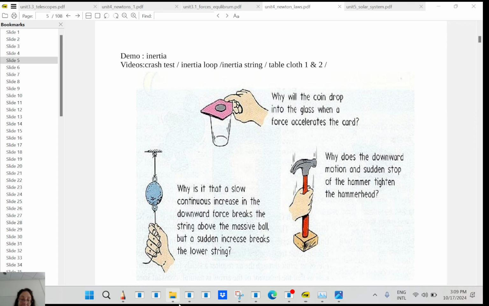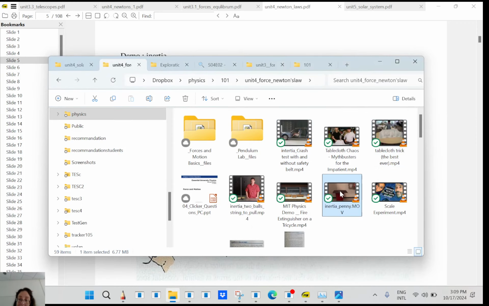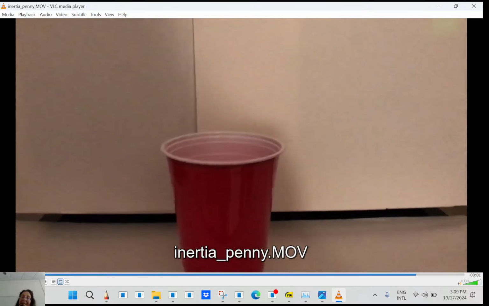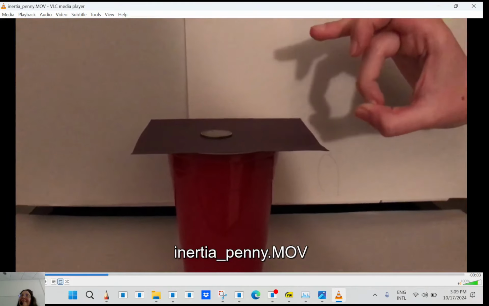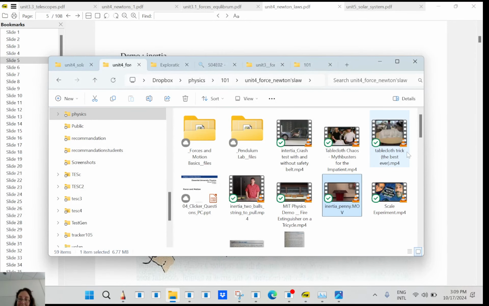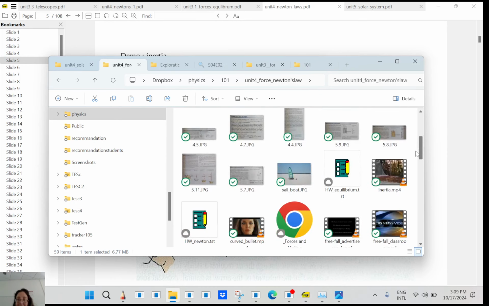Okay, a student of mine did something like this, like here. Isn't that cool? So this is inertia. What else? Okay, inertia.